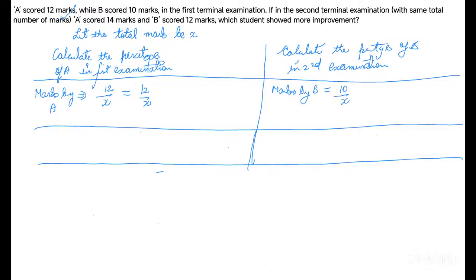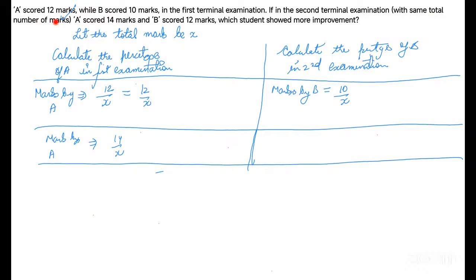Okay. Then the marks by A in the second examination, how much did we get? 14 out of X. Now I'm taking X again because it has the same total of marks.